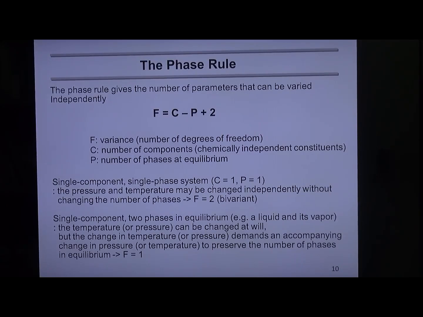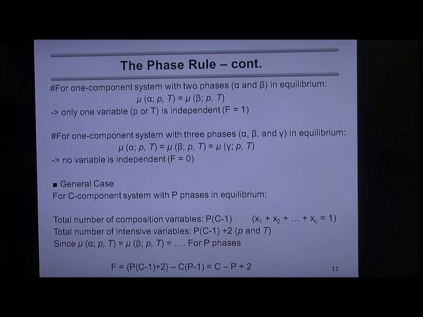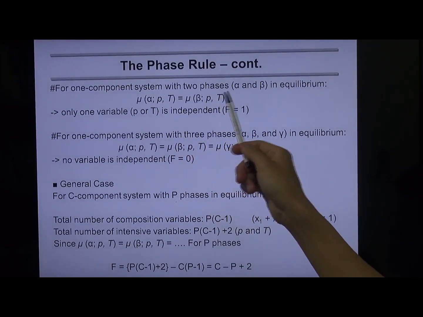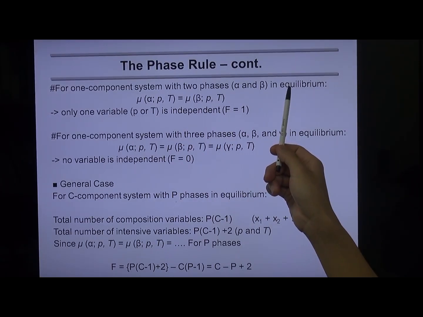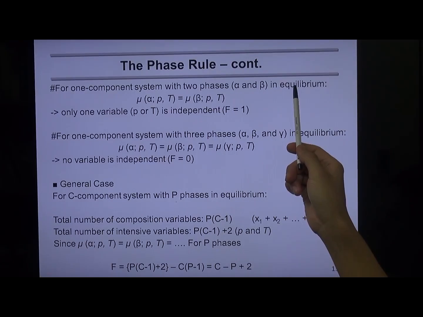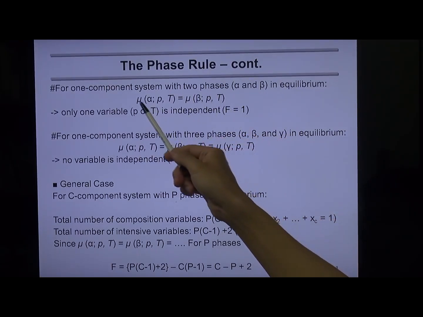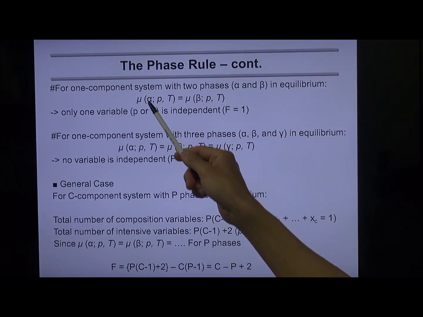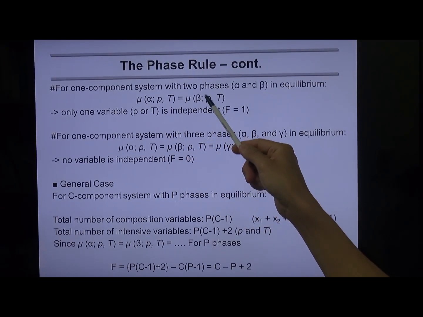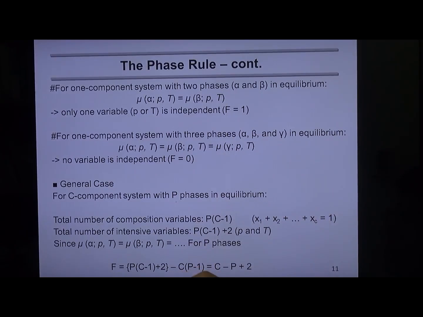Okay? So, although we only consider very simple cases, we can generalize it to derive the phase rule. So, for one component system with 2 phases in equilibrium, since 2 phases are at equilibrium, if you recall, chemical potential of one phase, alpha phase, is the same as chemical potential of the second phase, beta phase, right?